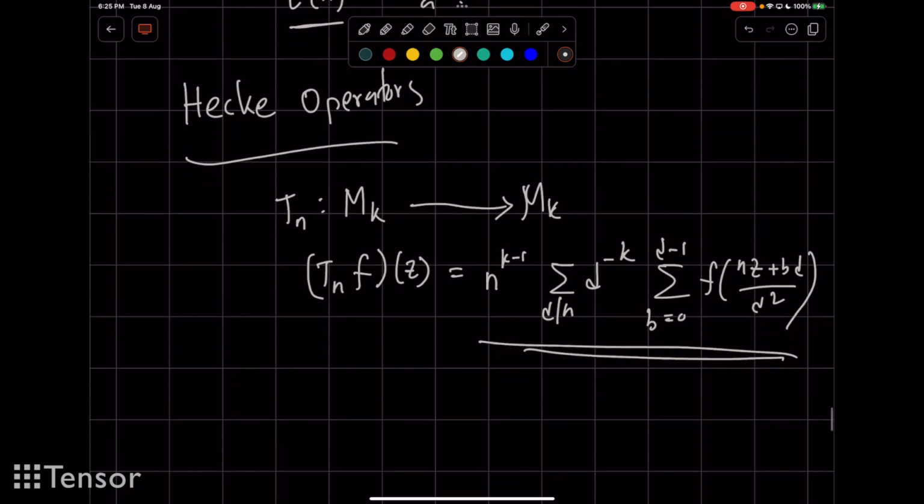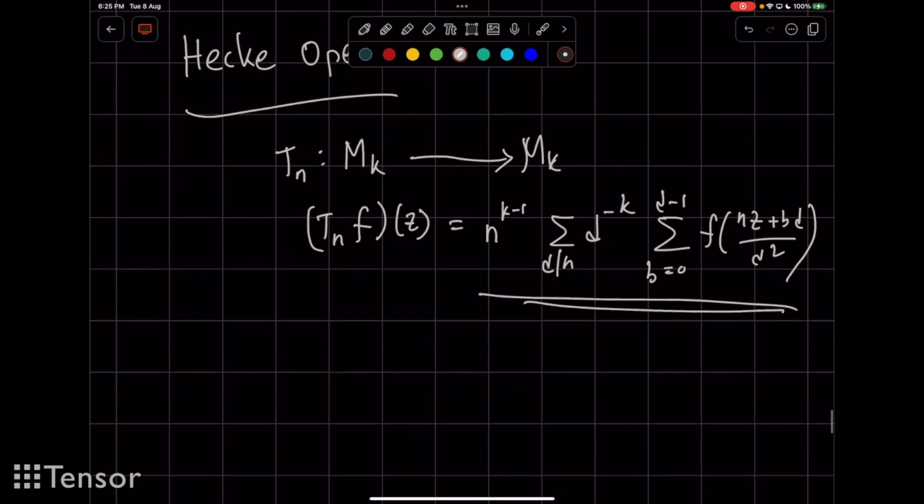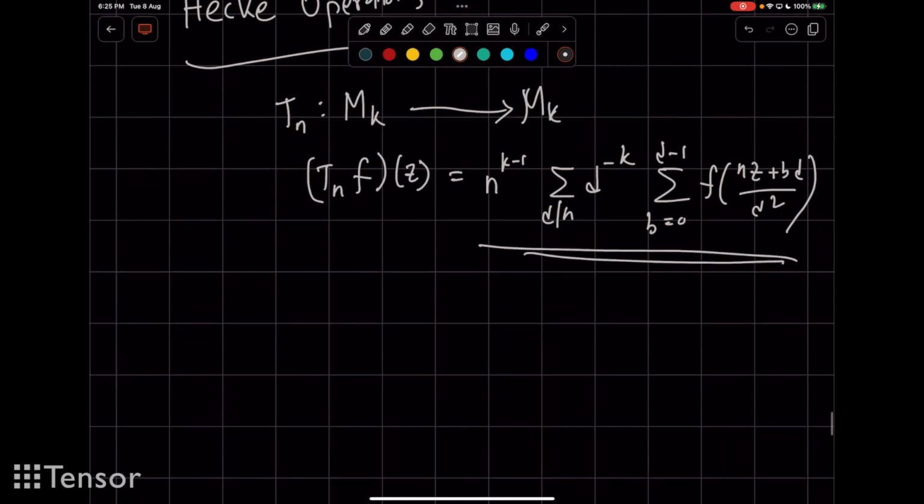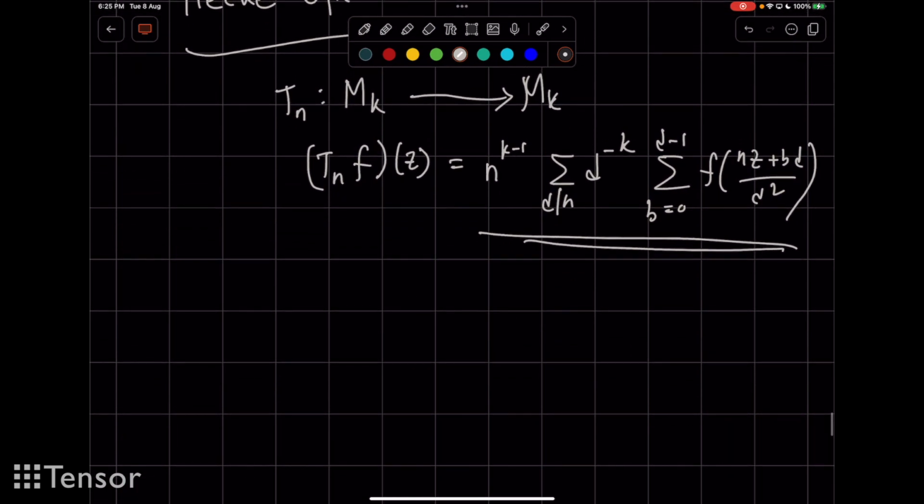Let us first look at how this Hecke operator T_n transforms the Fourier coefficients. I'm going to use a slightly different notation because writing a fraction in the subscript is really difficult for me. I cannot write a sub x over y. That's why I'm changing the notation a little bit.